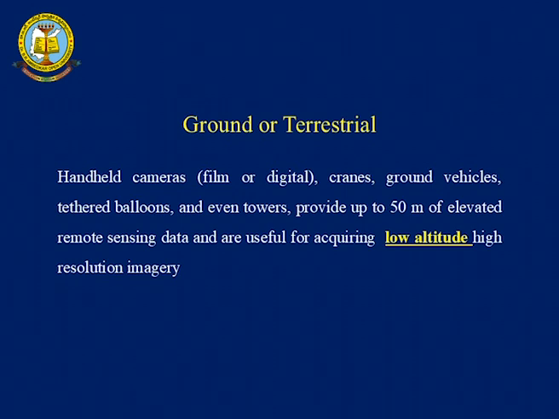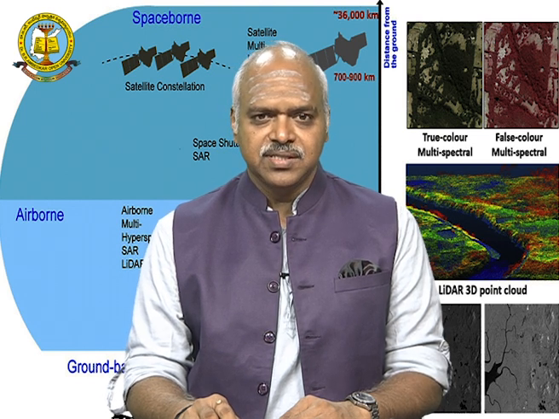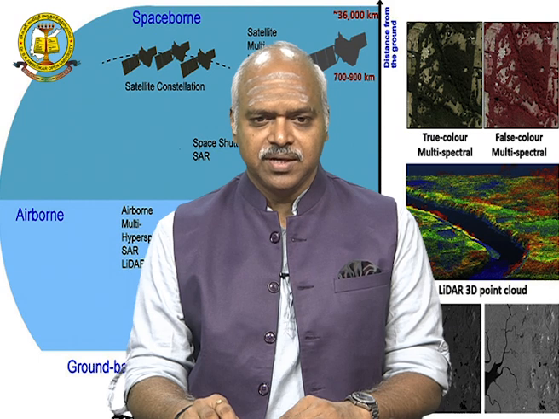In these platforms we have specialized instruments, that is, the sensors or cameras. Since these platforms are at low altitude, there is a possibility of getting very high resolution imagery, where we can clearly see different features present on the surface of the earth.